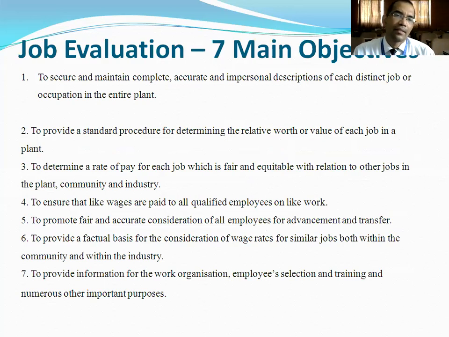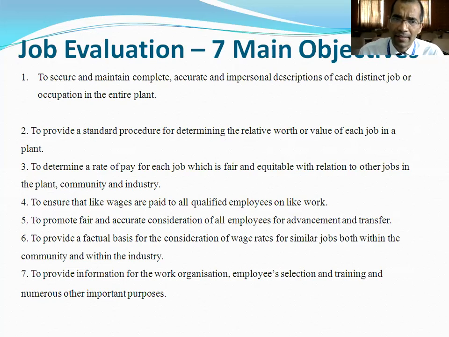It means that through job evaluation, a complete description of your job, your roles and different responsibilities will be given and documented. In future that will be referred to and will be the basis for your career planning, and will decide how much you are going to be paid.